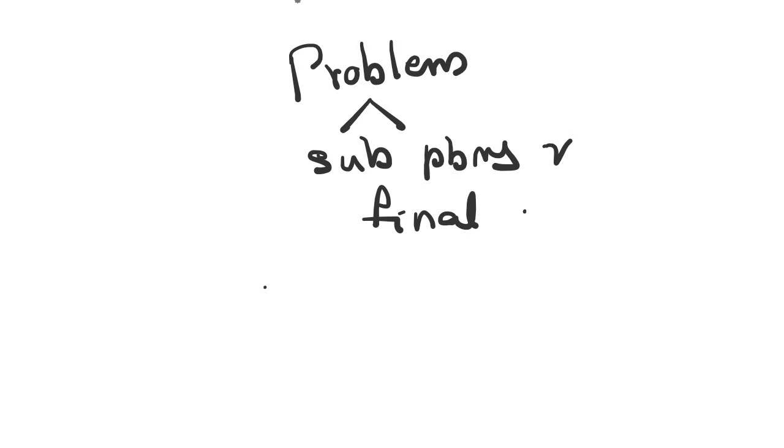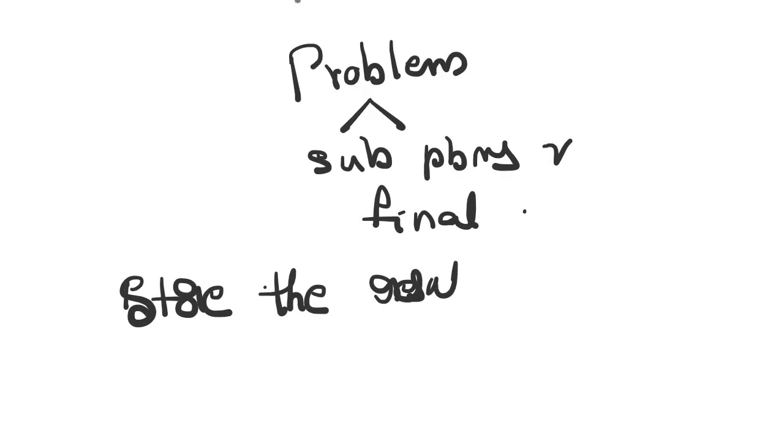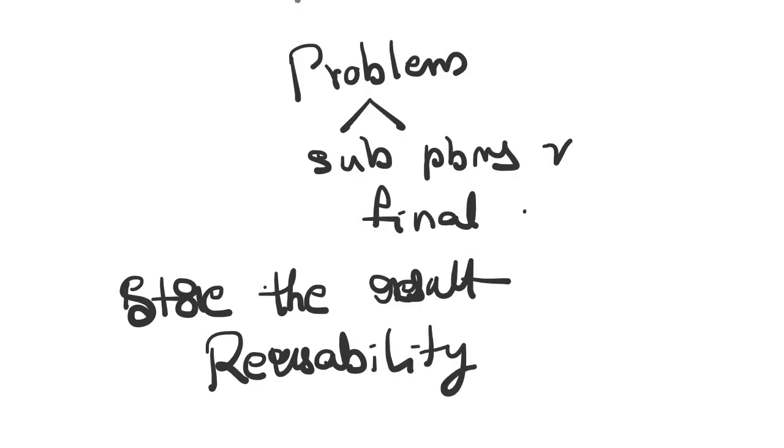The difference is that in dynamic programming we store the result in memory. No need to recalculate it. Whenever it is required, we retrieve it from the memory and use it. This is called reusability.